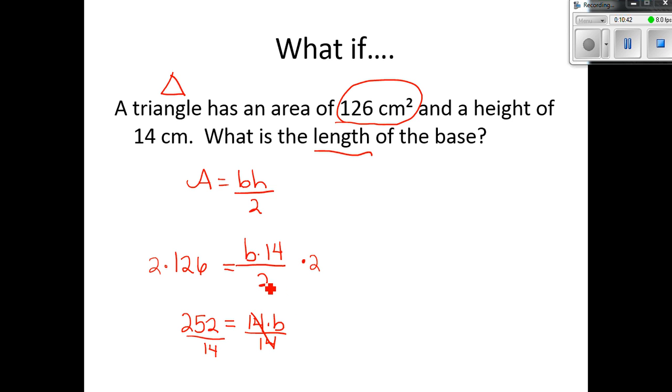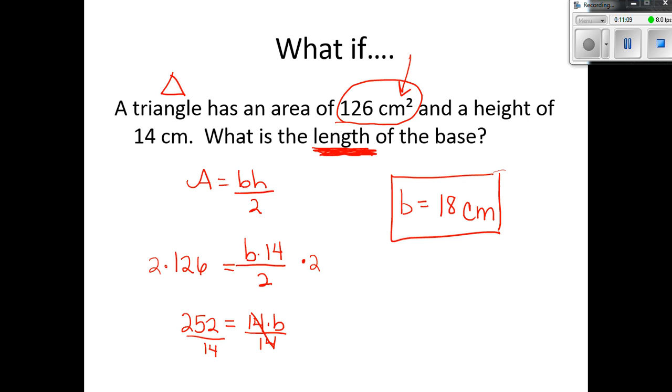Divide both sides by 14, and I get the base is equal to 18. Now, is that 18 centimeters squared or 18 centimeters? Well, the area was squared, and now I'm looking for a length, and the length would be centimeters alone. So the base would be 18 centimeters.